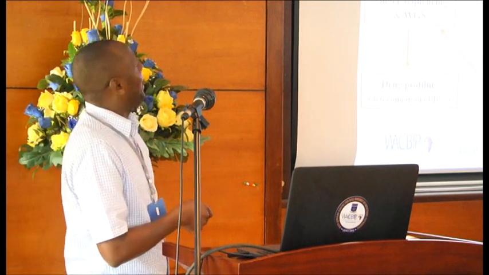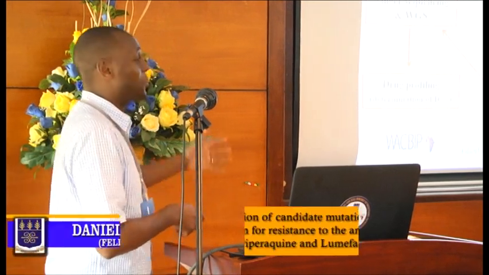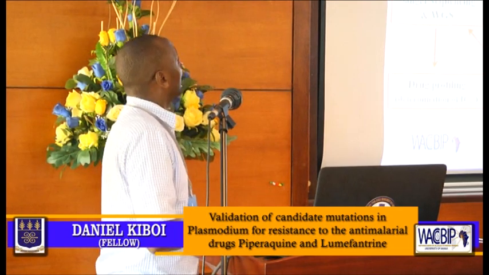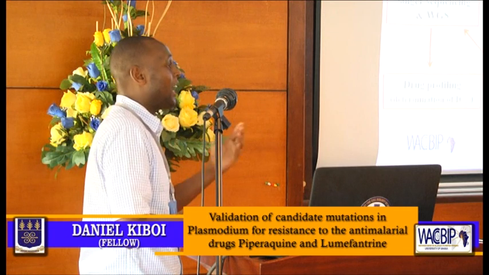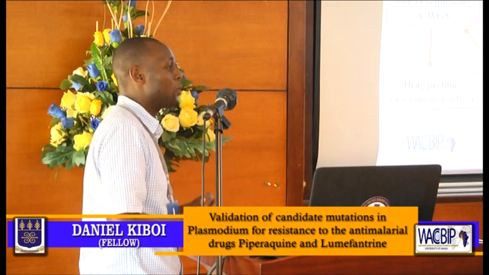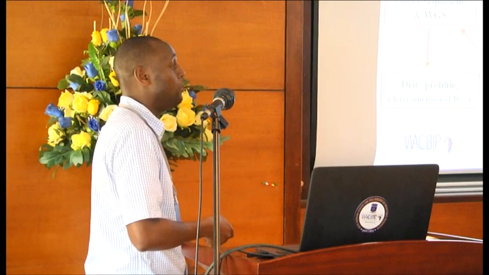Sorry, just to highlight on this and just to complete this whole thing: having done all this on drugs, and again it's on WASBIP, I would also want to focus on a number of genes that could be involved in immunity.